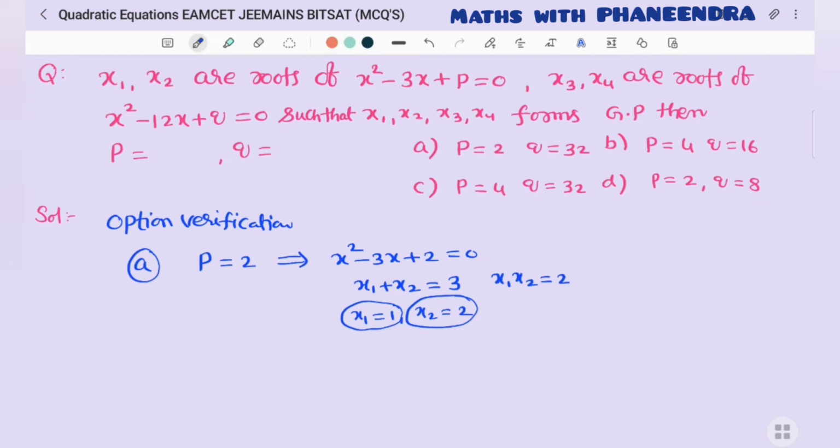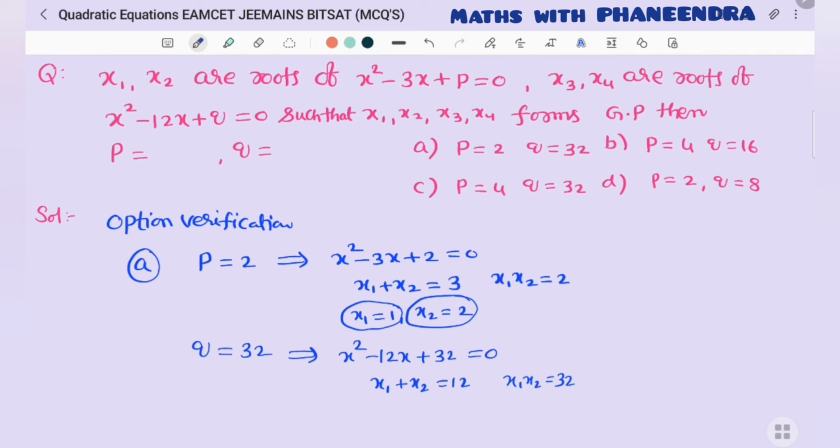In that first option, the p value we have taken. Next, I am taking the q value, q equal to 32. That implies the second quadratic equation is x square minus 12x plus 32 equal to 0. So here also x3 plus x4 is equal to 12 and x3 x4 is equal to 32.